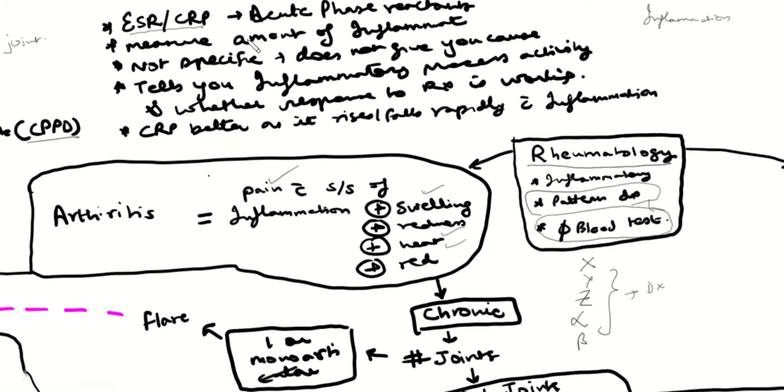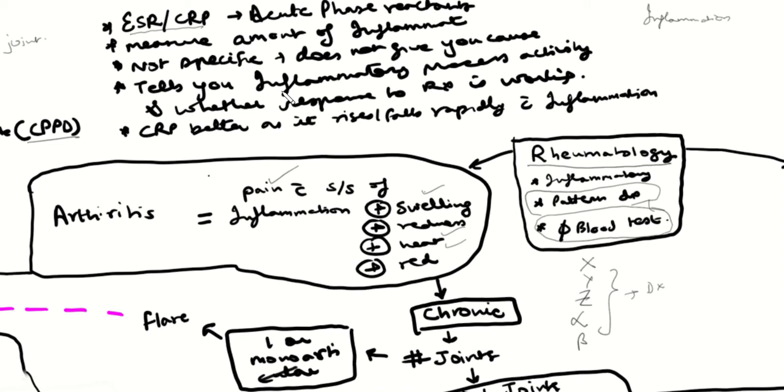Okay, it measures the amount of inflammation. It is not specific. So in other words, if you have inflammation, it's going to be high. It's going to correlate with the amount of inflammation, but it doesn't tell you what's causing it. Okay. However, once you detect the cause and treat it, the inflammation will go down, and so will these blood tests.